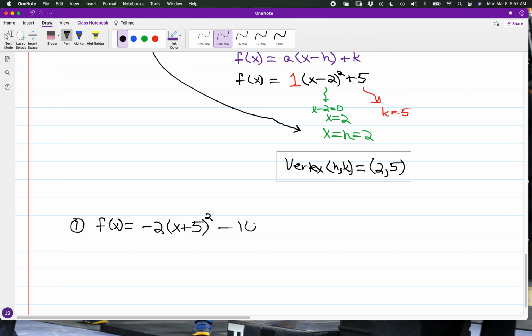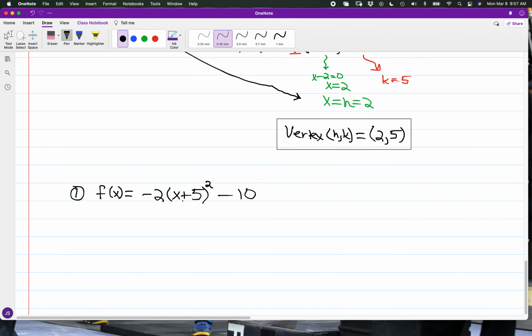Let's say you were to identify the direction the graph opens, and you're looking for the axis of symmetry as well as the vertex. Having gone through the first example, let's move things along.